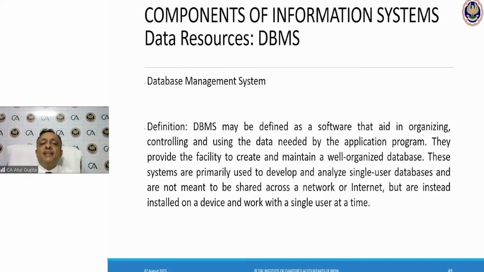Then, database management system. So what does a DBMS do? A database management system may be defined as software that aids in organizing, controlling and using the data needed for programs. It provides the facility to create and maintain a well-organized database. These systems are primarily used to develop and analyze single-user databases and are not meant to be shared across a network or internet, but are instead installed on a device and work with a single user at a time.